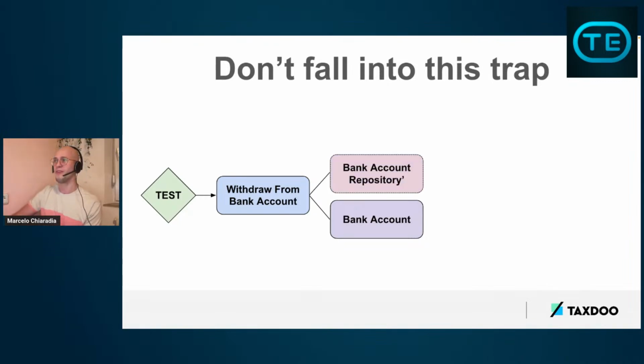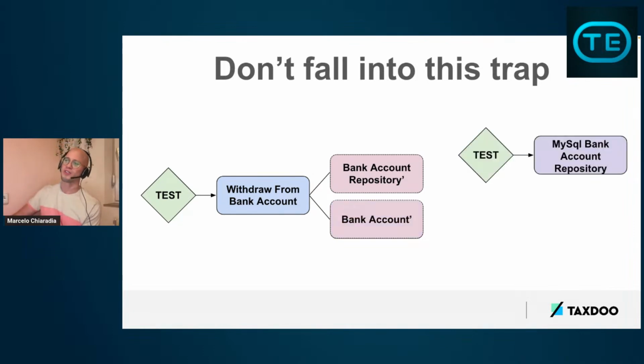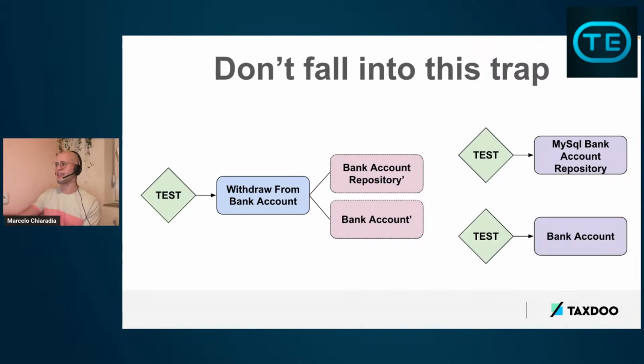So what they do, they change this to use a test double, which would be kind of okay because it's a database and we don't want to use a real implementation, but then they go ahead and also change the bank account to use a test double. And they create a bank account test specifically for this. And yeah, this pretty much matches the test code to the implementation code.